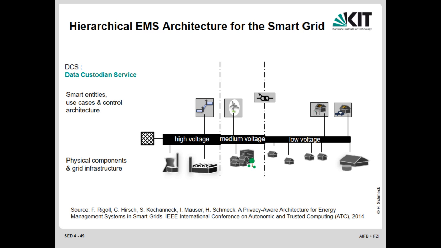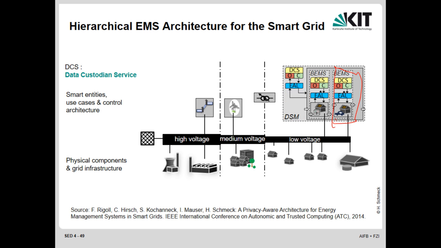And so what we actually say is that this architecture is in principle capable to provide a building energy management system. This is what I have just shown you. And these could be put together, several of them.